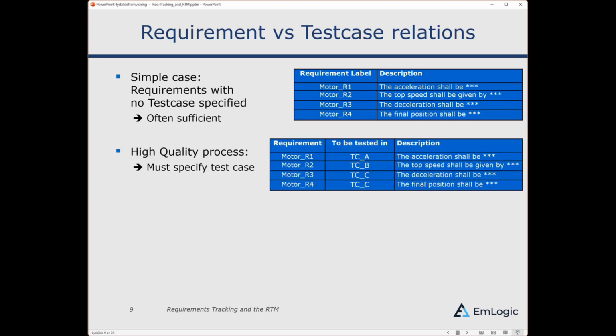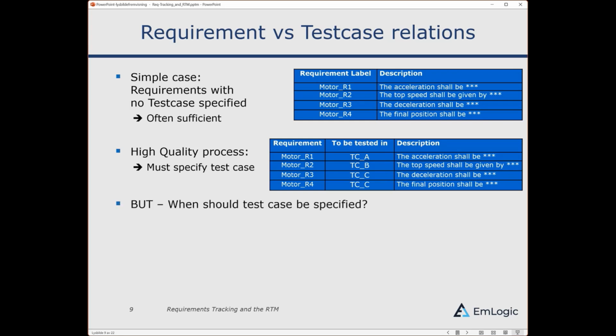But for a high quality process, like for instance for safety, we have to specify the test case. So that means we have to specify somewhere that motor requirement R1 is to be tested in test case A. Of course, we would use better names, but you know what I mean.